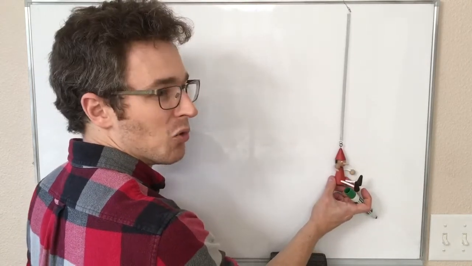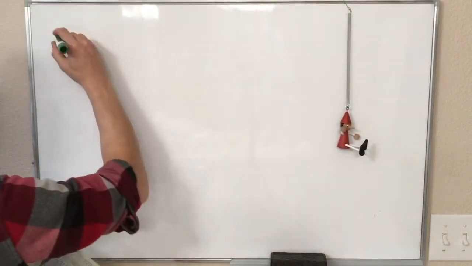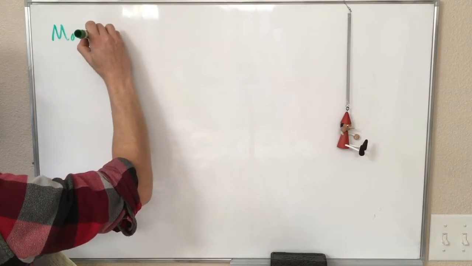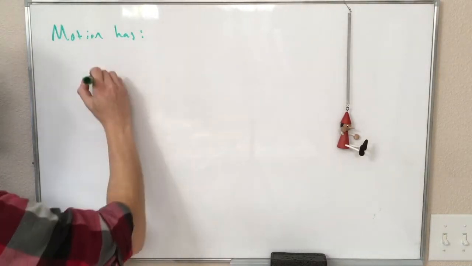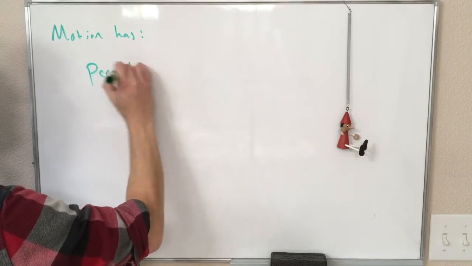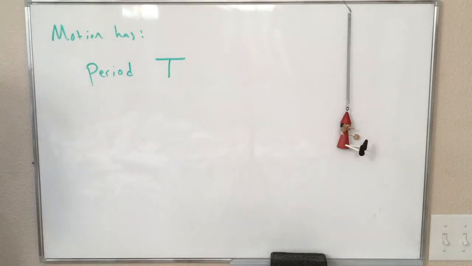We can time how long that cycle takes, right? And this variable, that time, is called the period, and we use capital T for the period. This came up in our conical pendulum lab a while back, if you remember that.